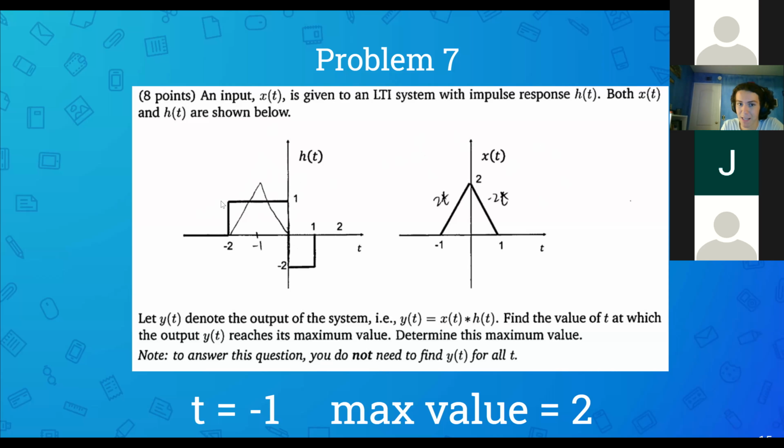So you just get your regular triangle function back out, because you're just multiplying it by 1. Imagine if h of t was just 1 in general.